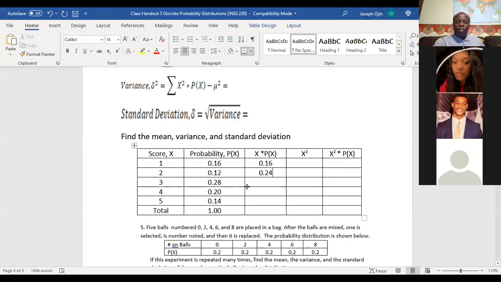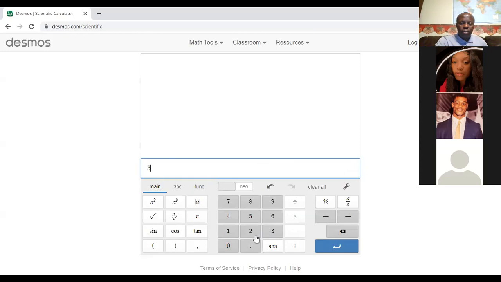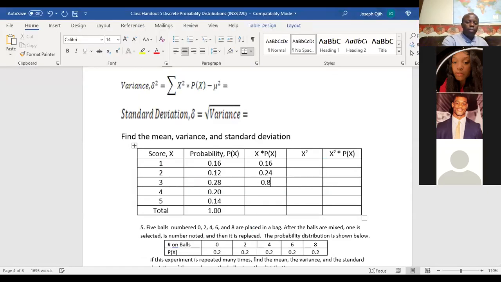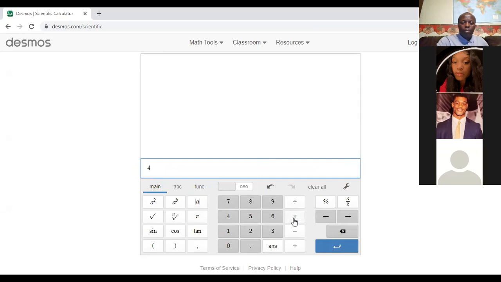So I'm going to put all of them in. 3 times 0.28 gives me 0.84. Then 4 times 0.2 is 0.8.